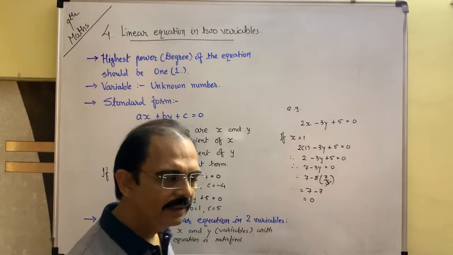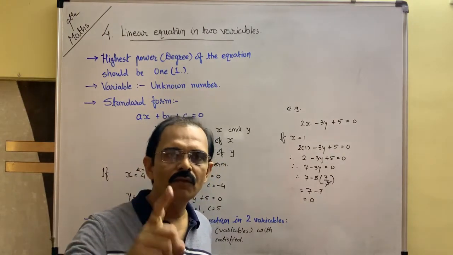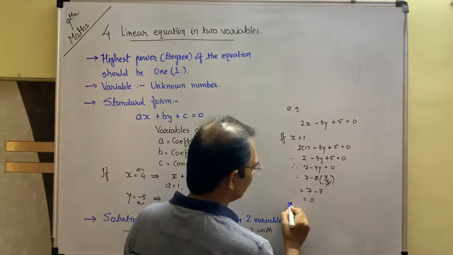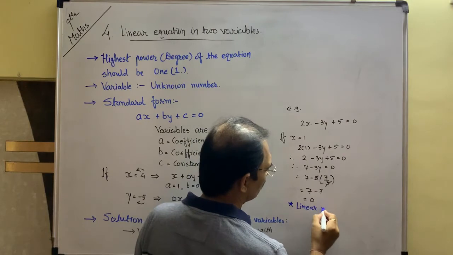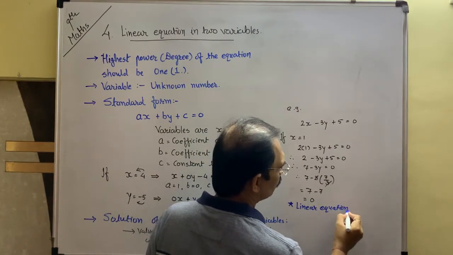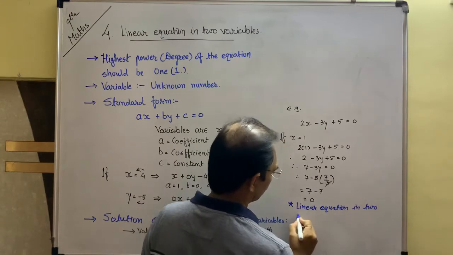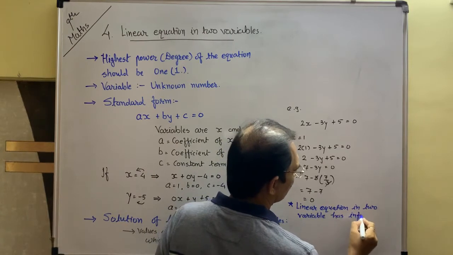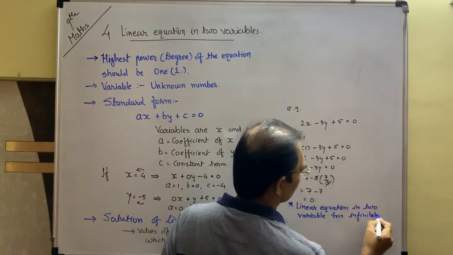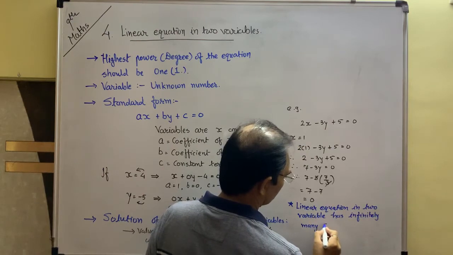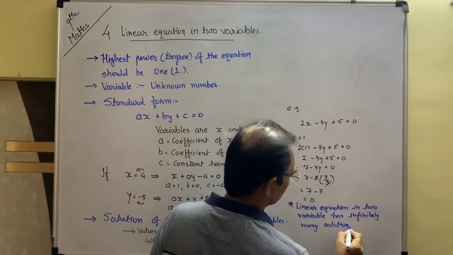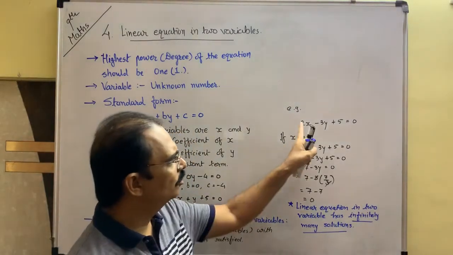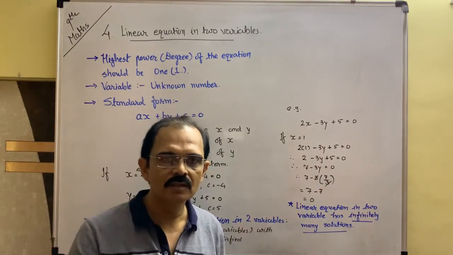It means a linear equation in two variables has infinitely many solutions. Remember this. It doesn't mean that once you take x equals 1 and y equals 7 by 3, this is the only solution.